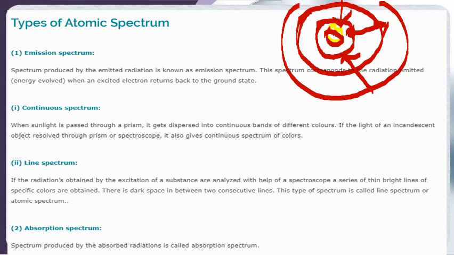Now, continuous spectra is formed when there is continuous emission of radiation, just like a rainbow, right? But if we observe atoms, they basically produce line spectra. Line spectra means, as you can see, there are different energy levels, and in between these different energy levels there are gaps.